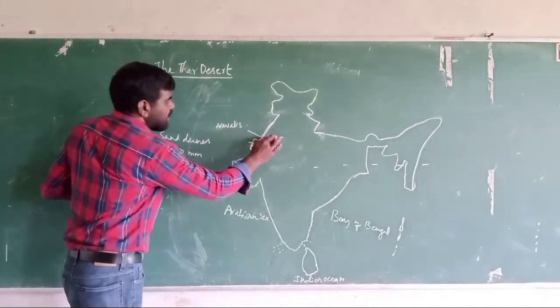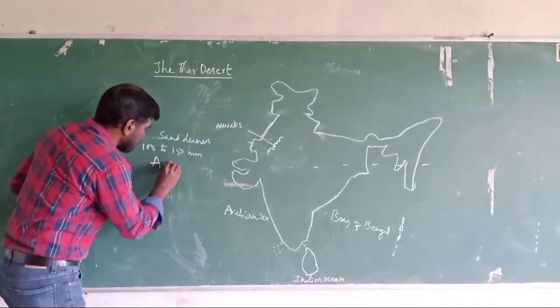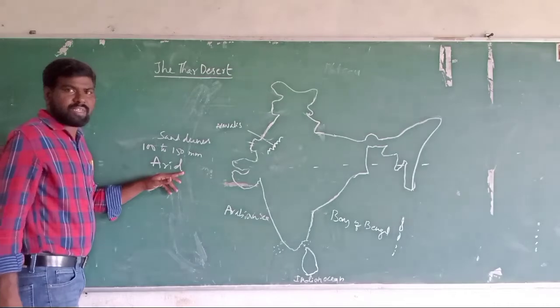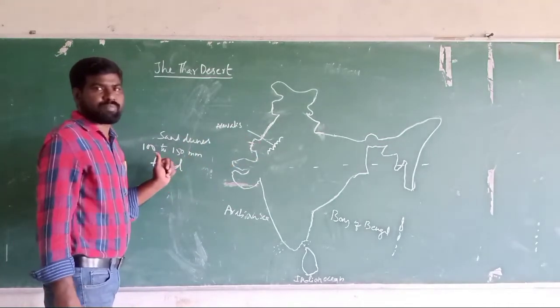Arid climatic conditions are found in this desert. Due to this arid climate, the vegetation is low in the Thar Desert.